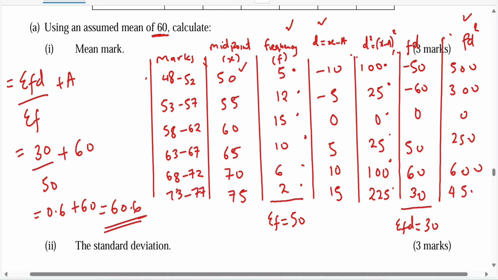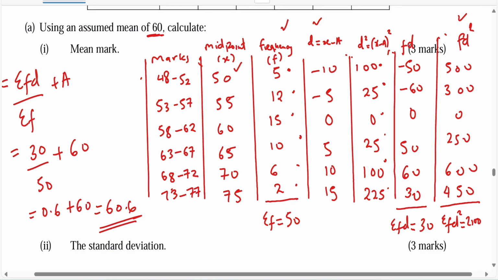If you add those together, what is the sum of FD squared? 500 plus 300 plus 250 plus 600 plus 450, which gives us 2,100.